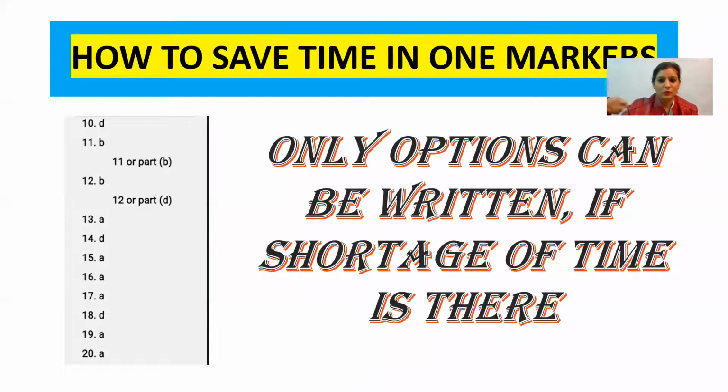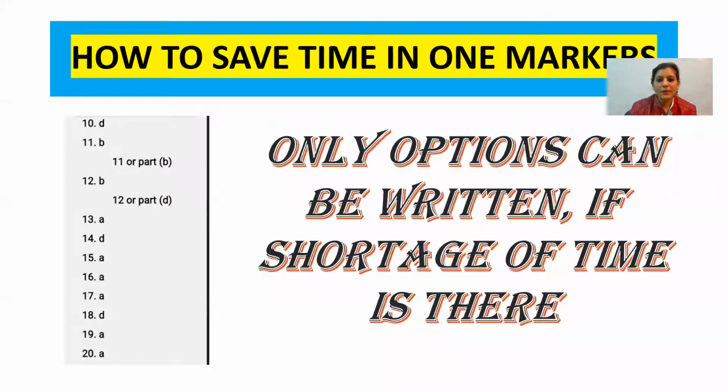papers in a flow. Normally 30 papers we check in a day, not the entire day, normally 6 to 7 hours. So if I'm checking papers in a flow and I'm checking question number 12 B part, question number 12 B part, and suddenly I see a paper in which a student has written question number 12 D part, it may be a situation where I put a cross because it has been saved in my mind.